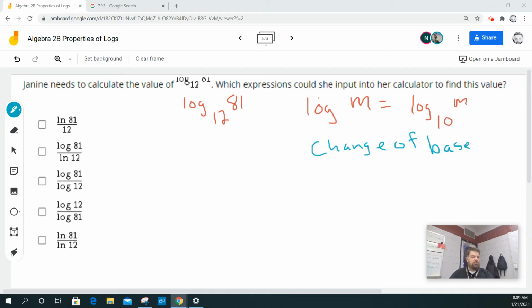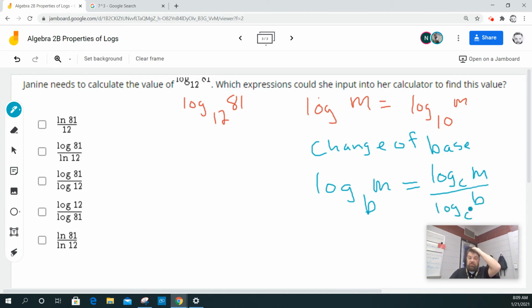The general form that they're using: if I have the log base b of m, that is equal to the log of any base that I want, c, of m over the log base c of b.